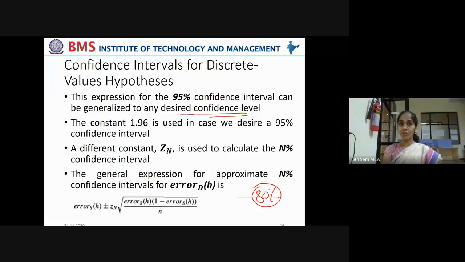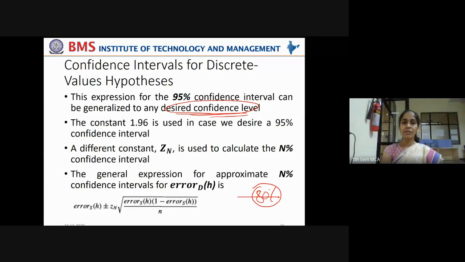When I say my confidence interval is 80%, the Z value will change again. The critical value will change again. That critical value is available as a pre-built table for you. Okay, so whenever you are asked to calculate the critical value, or the sample error, you will be given the critical values for different confidence intervals. So this expression for 95% confidence interval can be generalized to any desired confidence level.